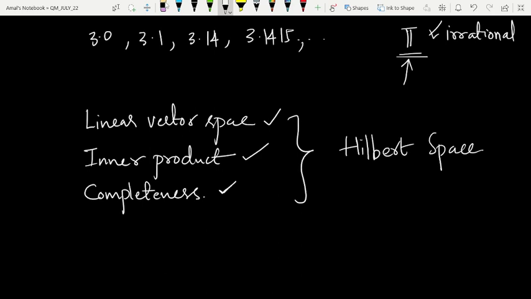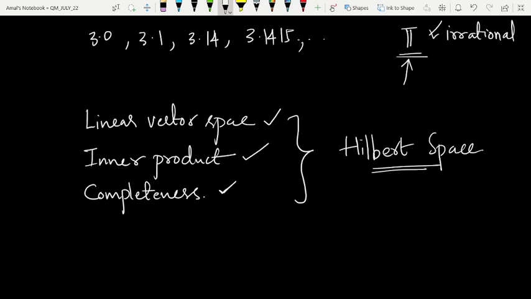So now we understand what Hilbert space is. Hilbert space is a set of abstract objects which satisfies all the properties of linear vector space, and a rule is defined on that vector space which maps into a scalar and obeys all the properties of inner product, and that space is also complete.